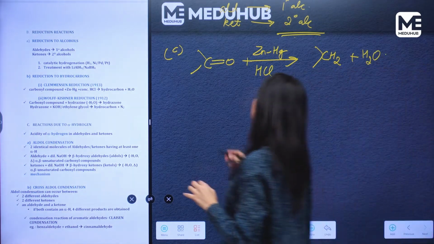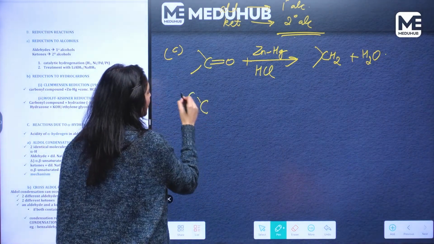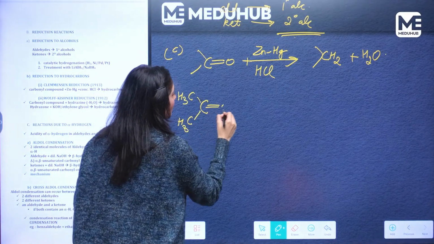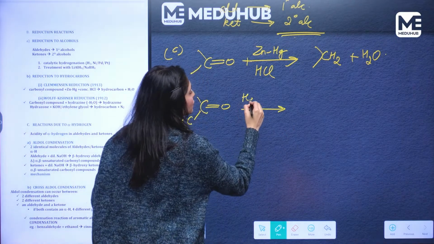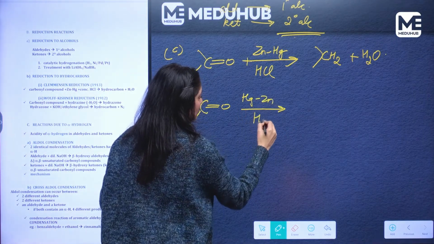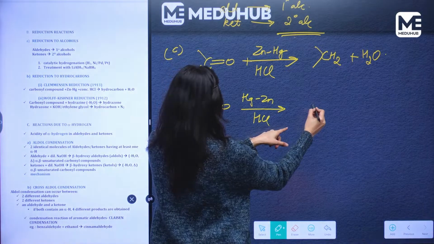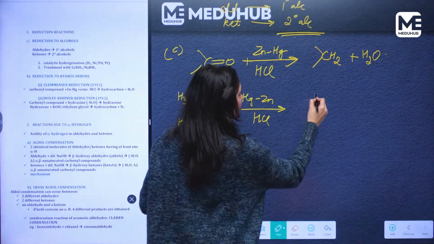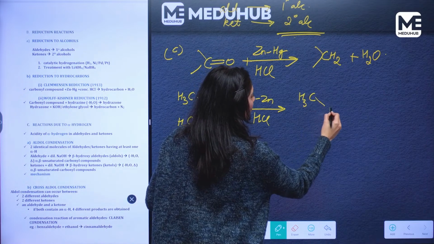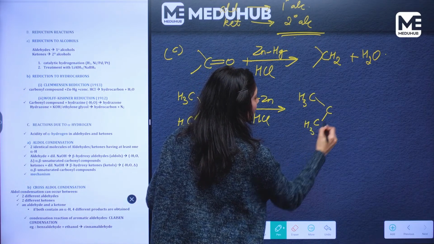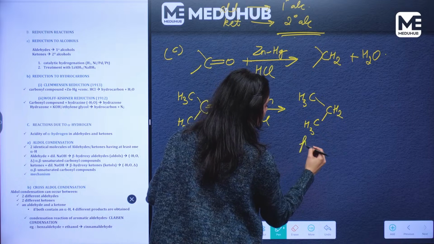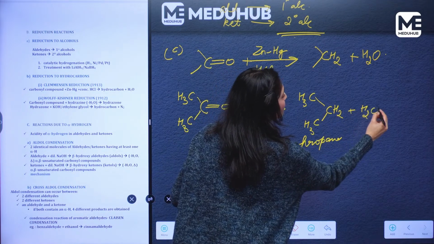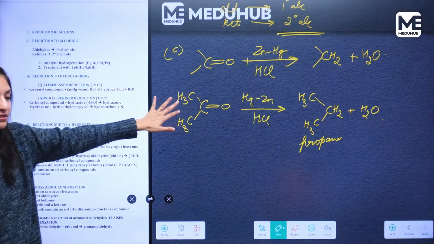So for example, if we have a ketone like acetone, in the presence of zinc, mercury and HCl, we will get propane and water as the product here. This is Clemmensen reduction.